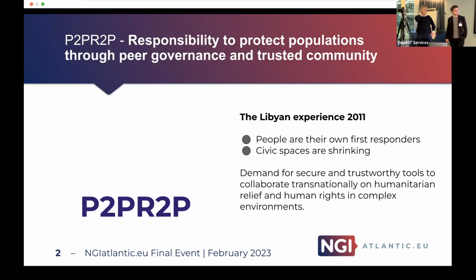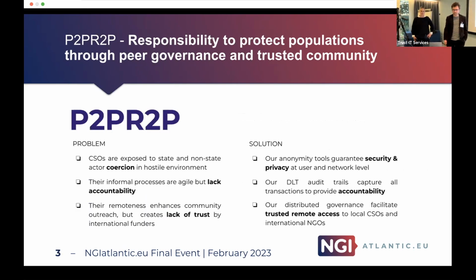These are big solutions, and luckily NGIatlantic was there to help us jump the first hurdle to make it a reality. There was a demand for secure and trustworthy tools to collaborate transnationally on humanitarian relief and human rights in complex environments. The problem was that civil society organizations are exposed to state and non-state actor coercion in hostile environments.